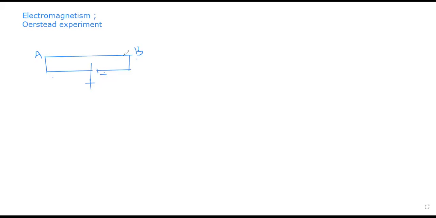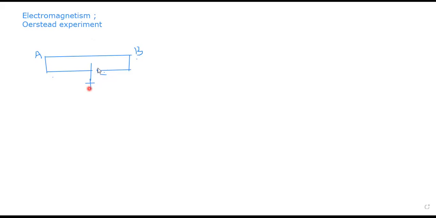Until you connect this conductor to a battery, there is no flow of charges. Charges are in random motion in the absence of the battery.